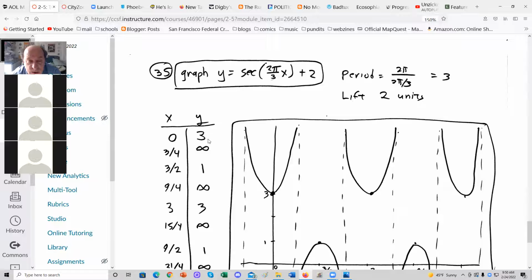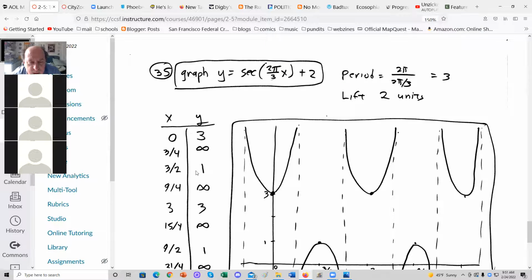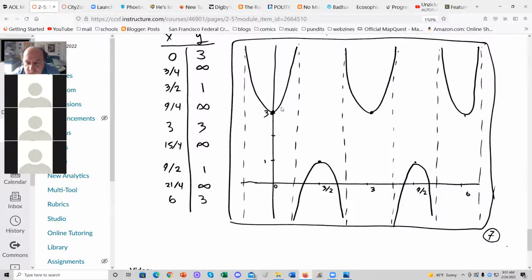So it goes from 3 to 1 to 3 to 1 and so on, with a period of 3, half period of 3 halves. And halfway between 0 and 3 halves is infinity. Halfway between 3 halves and 3 is infinity, and so on. So at 0, it's 3. At 3, it's 3.